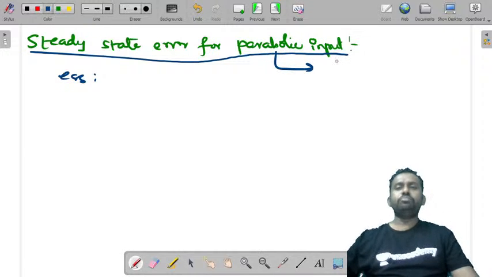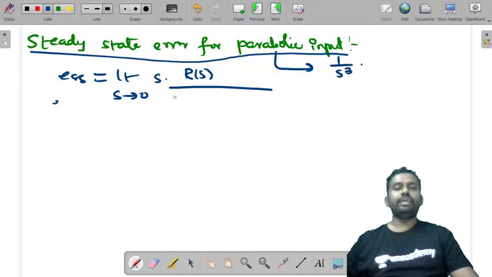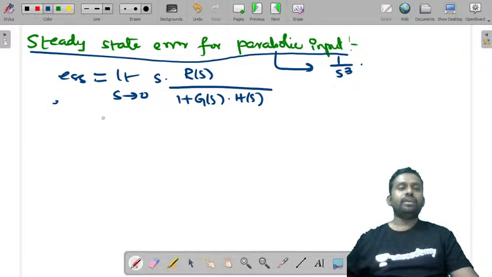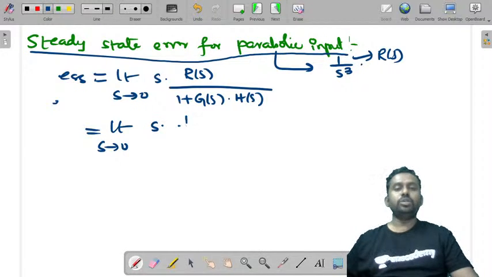Now for parabolic input, let us take r of s as 1 by s cube. Now ess is equal to limit s tends to 0 s into r of s by 1 plus g of s into h of s. If you write the value of r of s as 1 by s cube, so limit s tends to 0 s into 1 by s cube by 1 plus g of s into h of s.